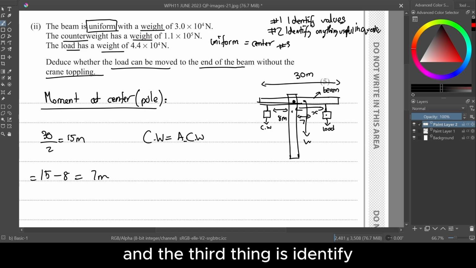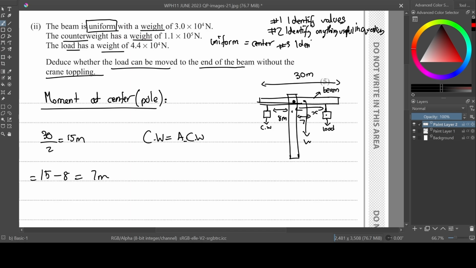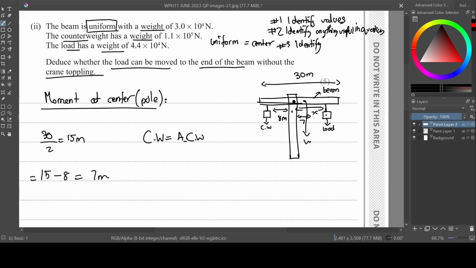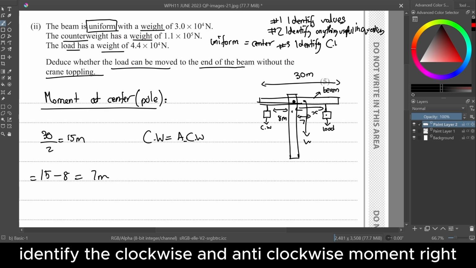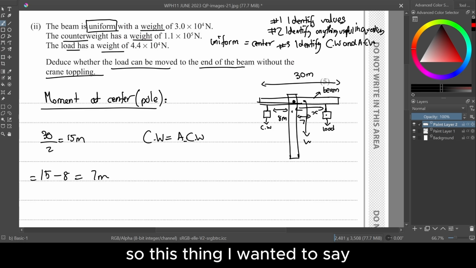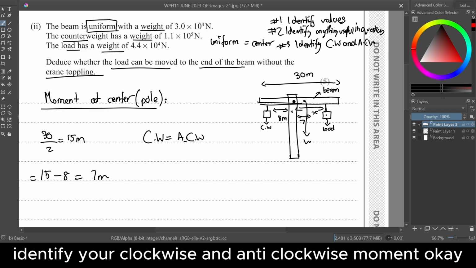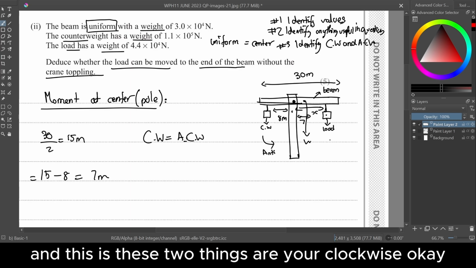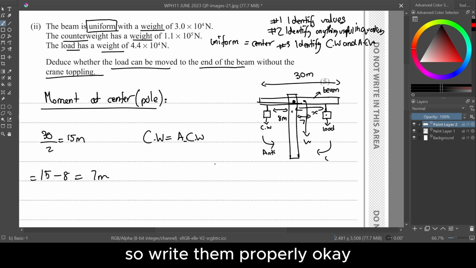And the third thing is to identify the clockwise and anti-clockwise moments. So this is your anti-clockwise, and these two things are your clockwise. Okay, so write them properly.